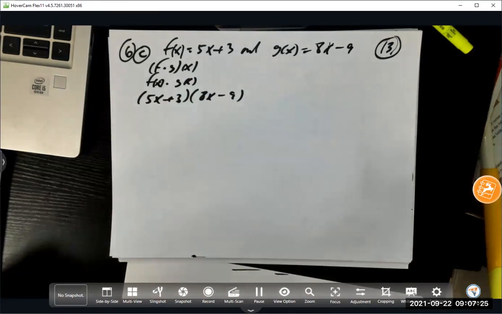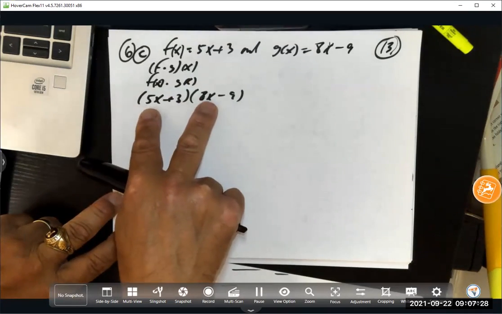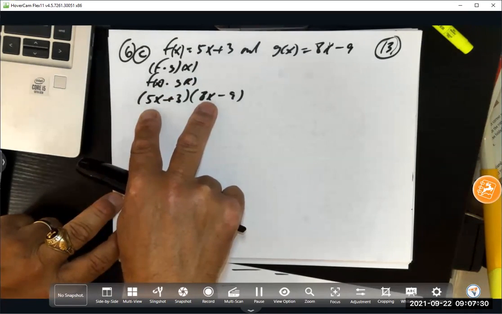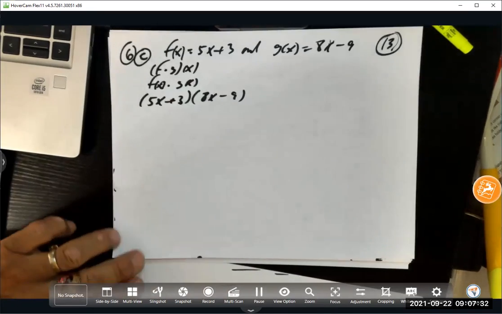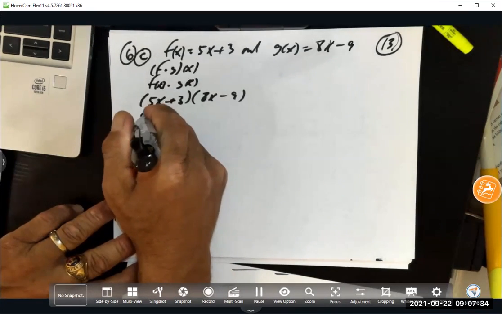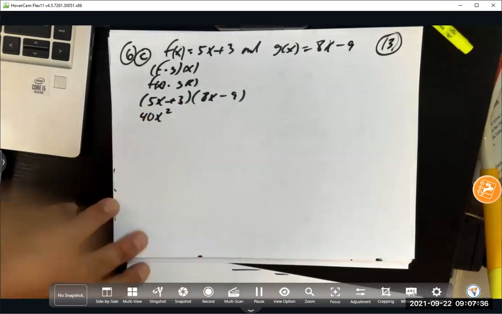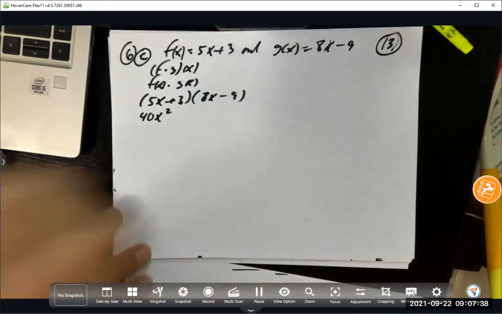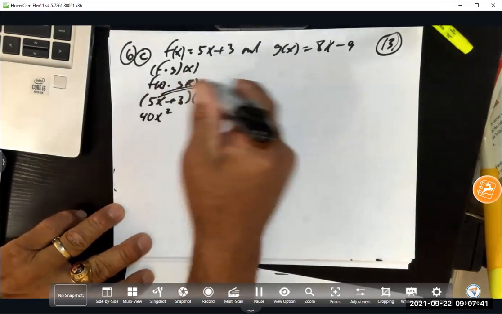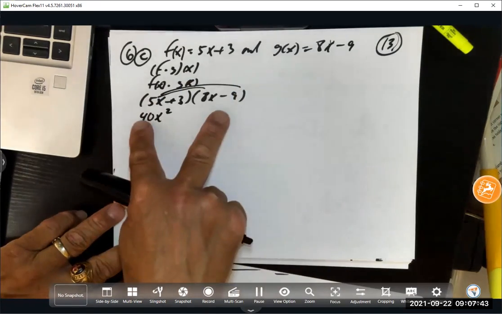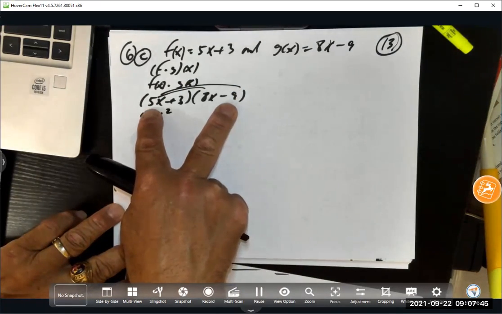Tell me. What's 5x times 8x? 40x. Almost. 40x squared, yes or no? That's correct. Yes. And what's 5x times negative 9? Negative 45x.